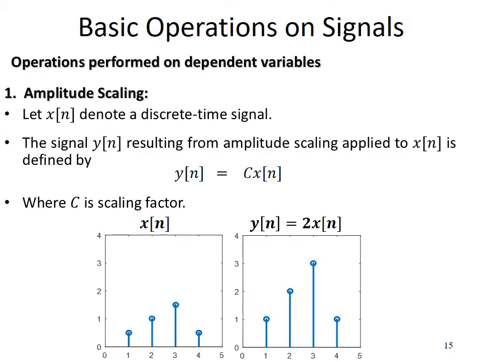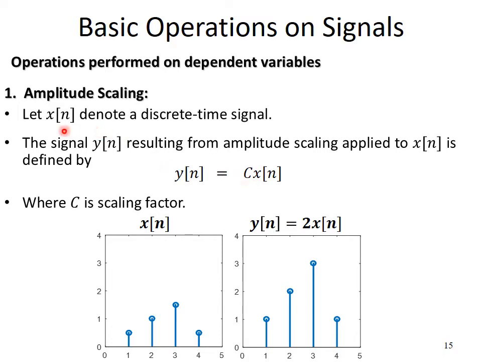Now we'll discuss the basic operations performed on independent and dependent variables in the discrete domain. First we'll discuss the operations performed on dependent variables. The amplitude of the signal is a dependent variable, so amplitude scaling means multiplication by a constant.